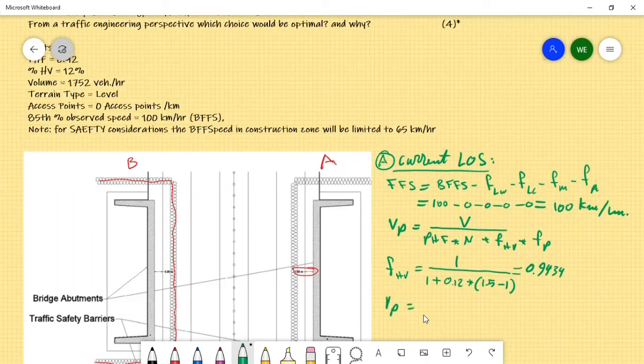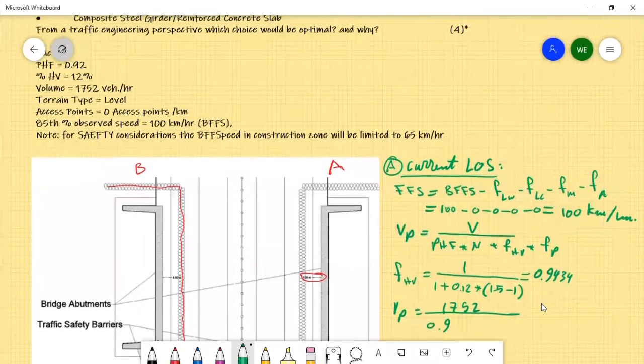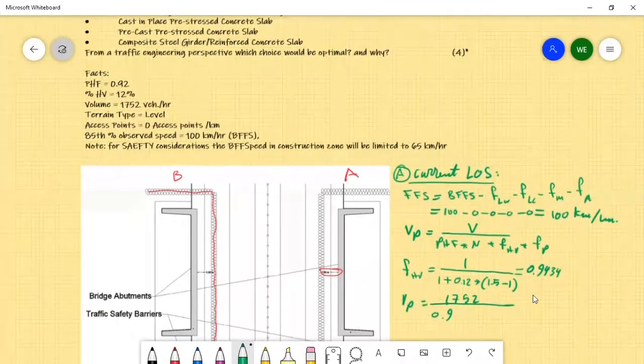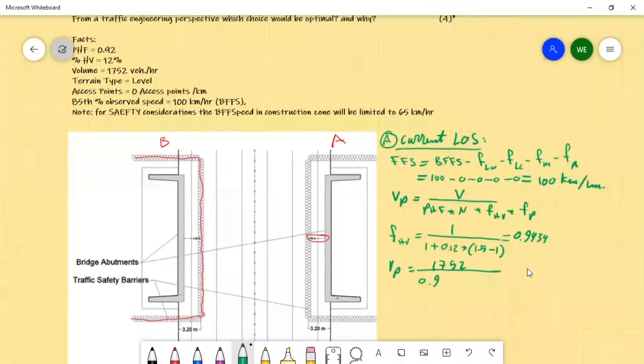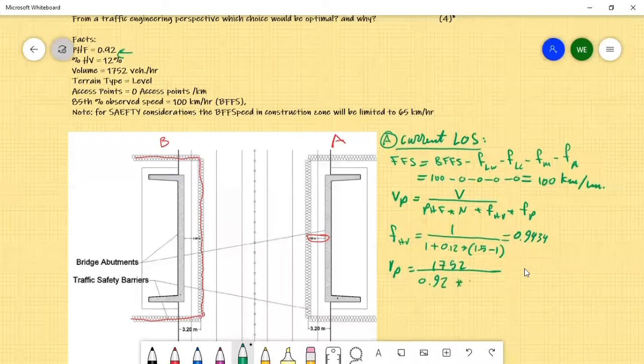So that means the VP equals 1752 divided by the peak hour factor, here it's 0.92, multiplied by 2 multiplied by 0.9434, multiplied by 1.